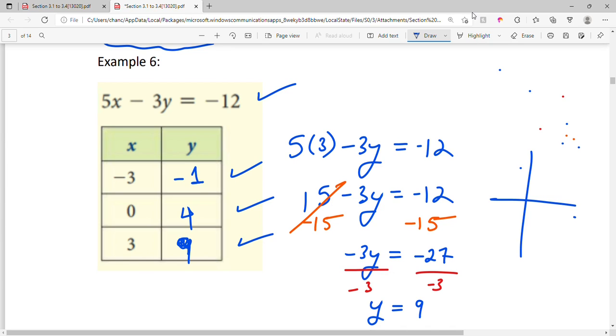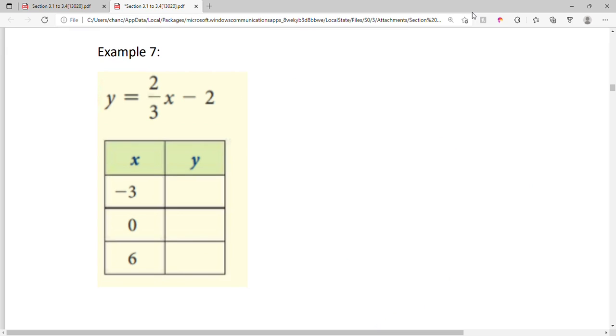Give it a try and see if that's true. In example 7, it's your time to try it out. Plug in the values negative 3, 0, and 6 into the equation and solve for the y coordinates. Let's try this one now.